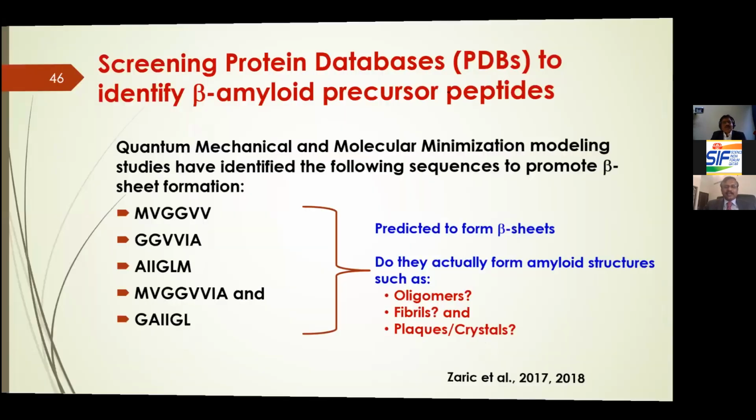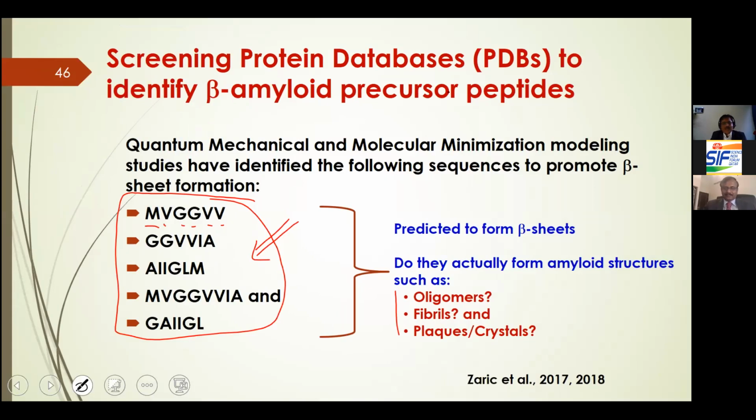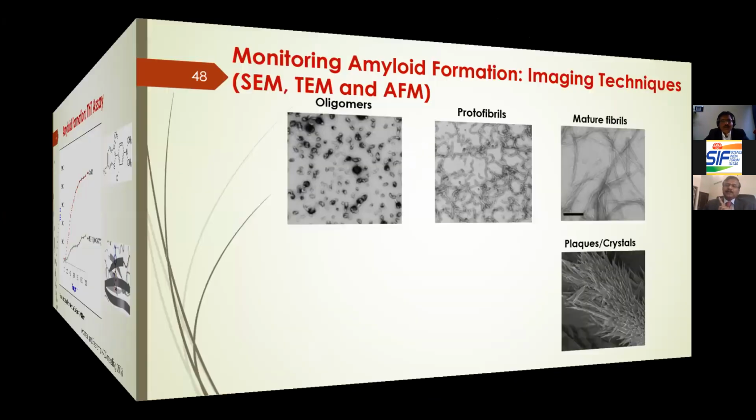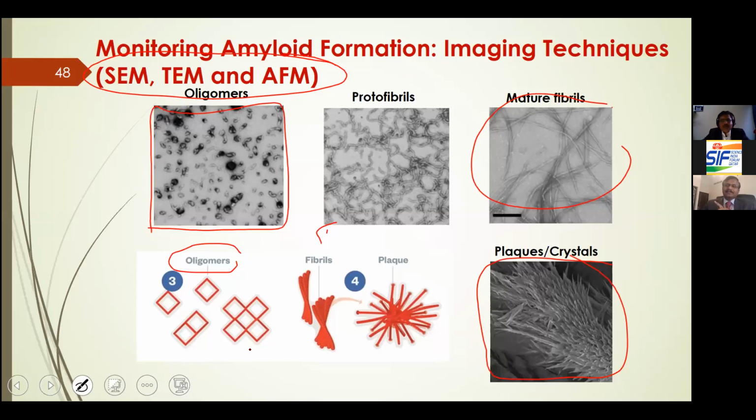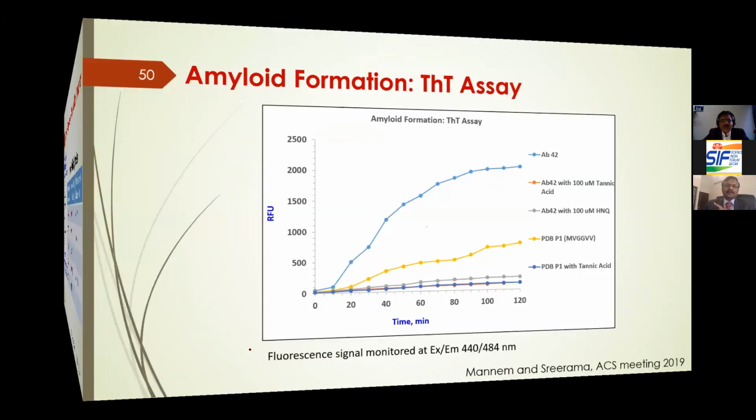And if you screen through the databases, you can find common peptides that are present in proteins that cause these diseases, and these peptides can aggregate and produce these plaques and fibrils and so on.